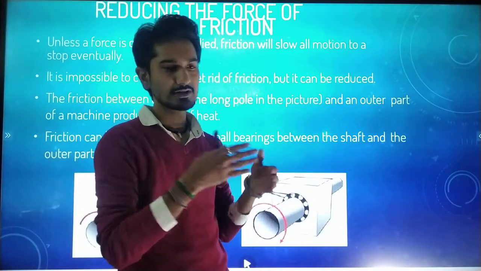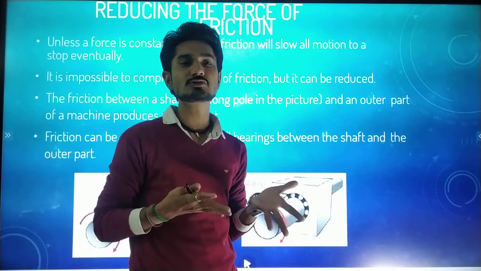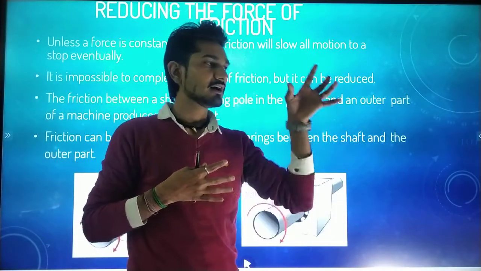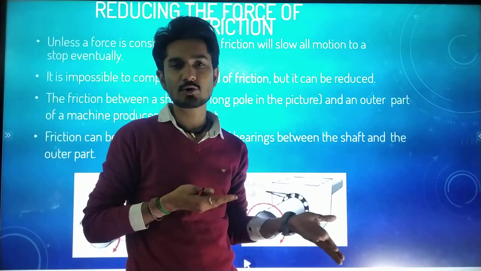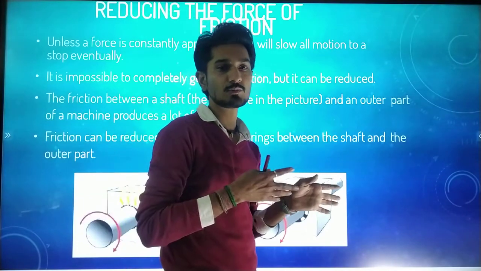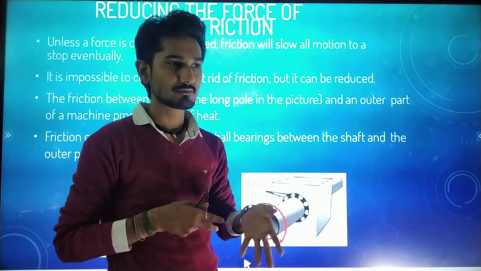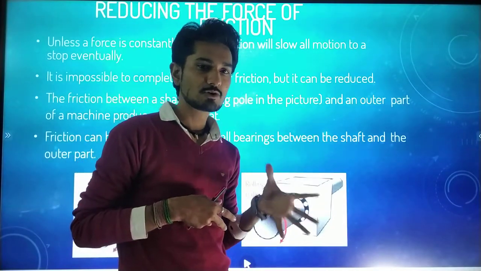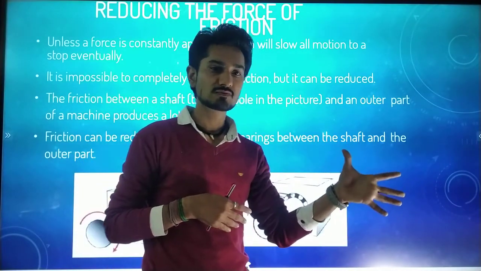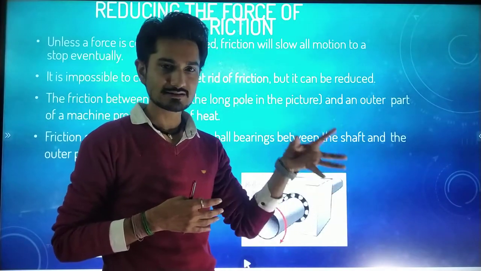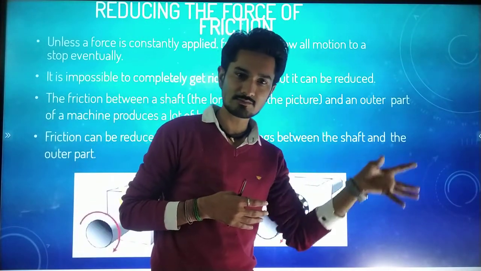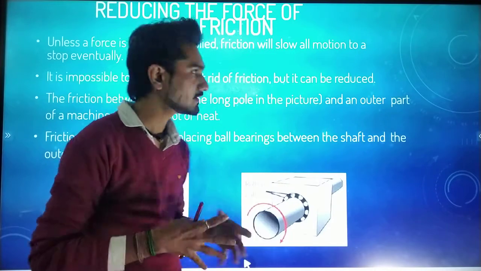If the force is not applied continuously, then eventually the object will stop at some point. If we kick a football, at some point it will stop because we are not applying continuous force to it. So after some moments it will stop.